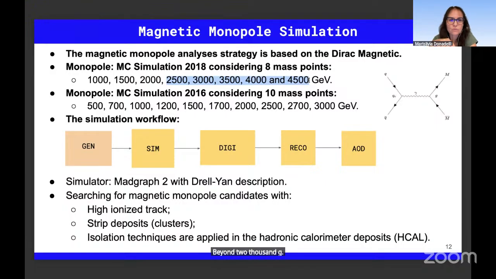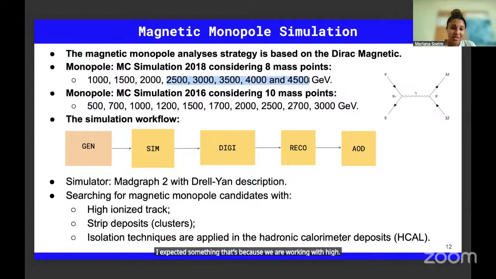So I just wanted to see. Because we are working with highly ionizing particles, I expected something bigger. But as I'm fascinated by the small part, I will always check if there is something interesting in the small too.